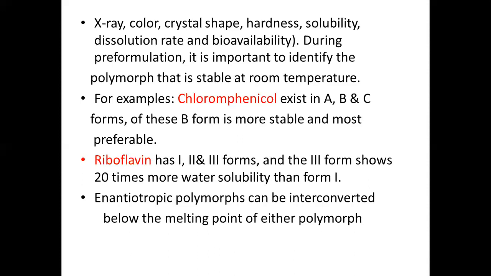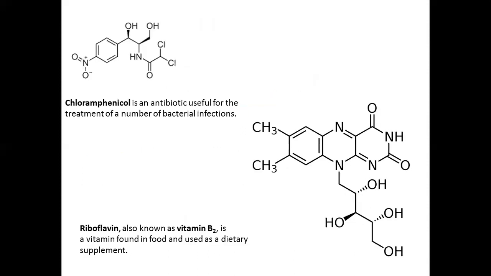Here is given the structure of chloramphenicol and riboflavin. Chloramphenicol is an antibiotic useful for the treatment of a number of bacterial infections, and riboflavin is vitamin B2, which is present in many foods you take daily, and it is used as a dietary supplement.